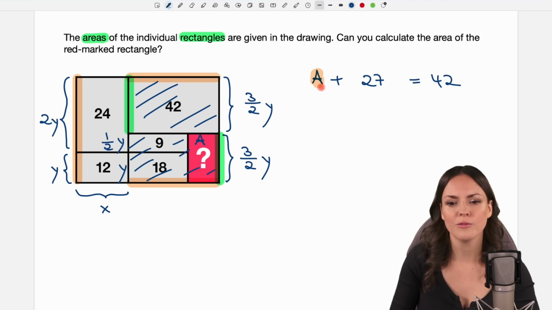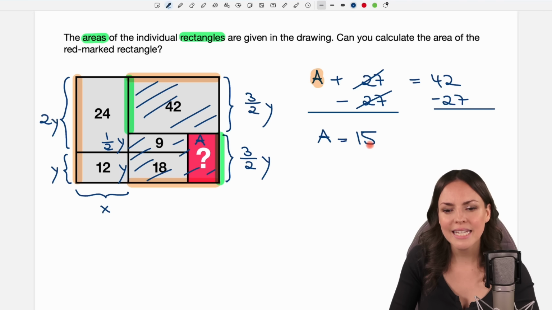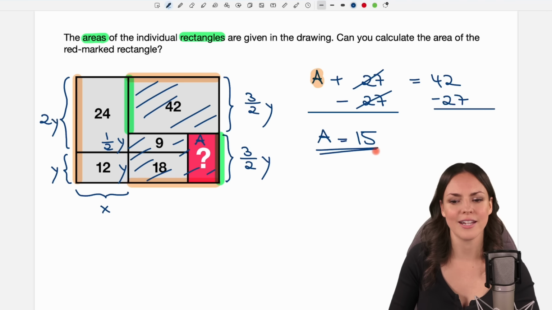So if I want to solve for A, I just have to subtract 27 on both sides of the equation so that I have my A here. This cancels out, and on the other side, 42 minus 27 equals 15, and this is the area we were looking for.